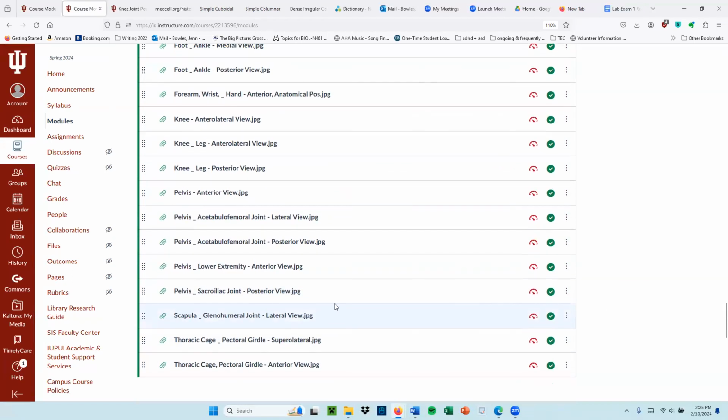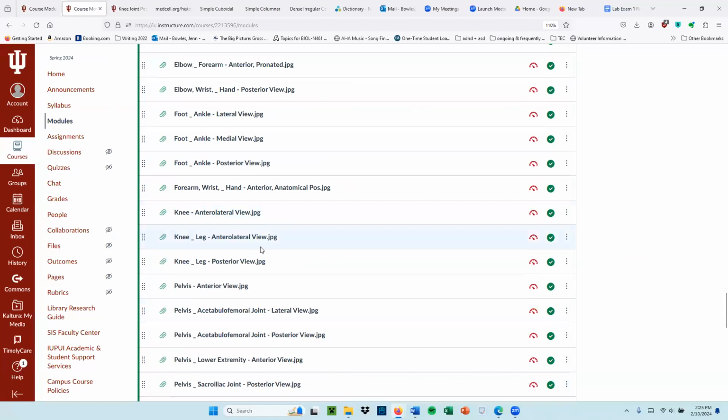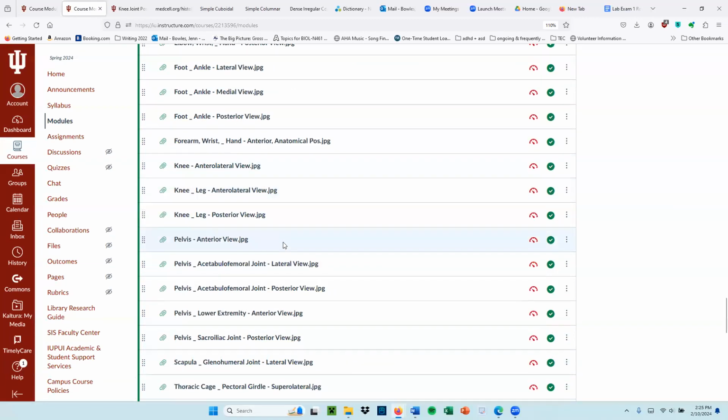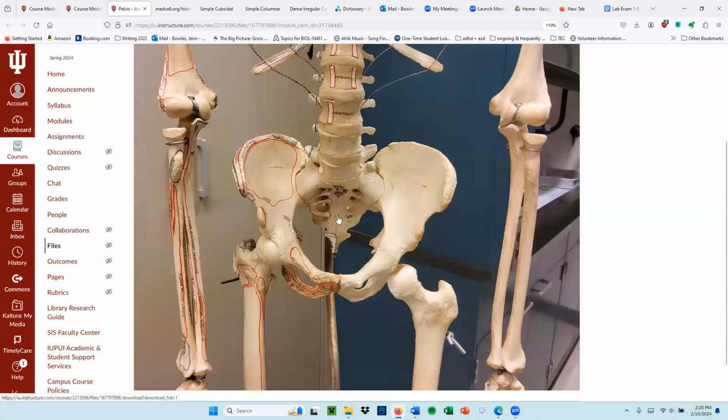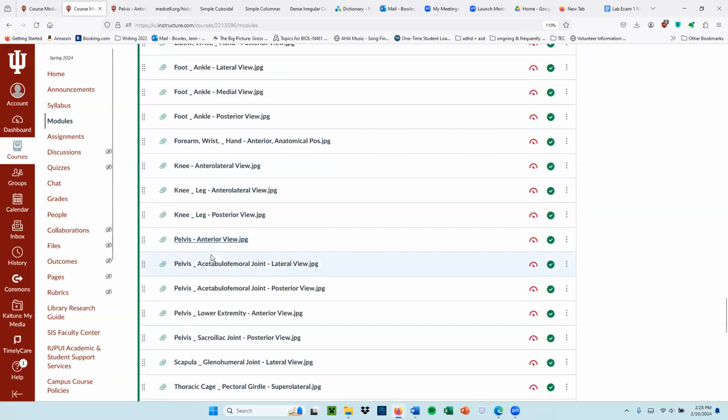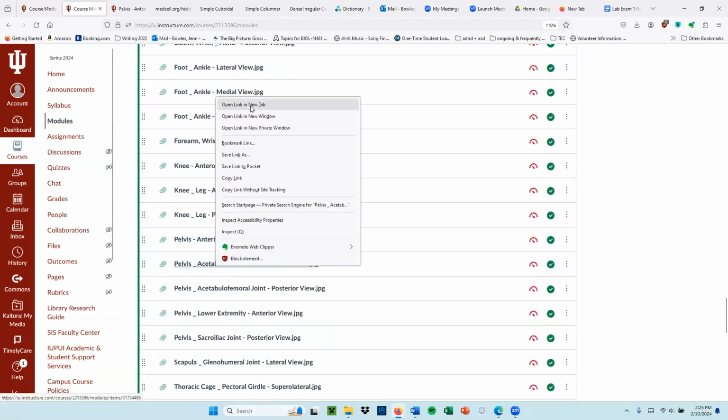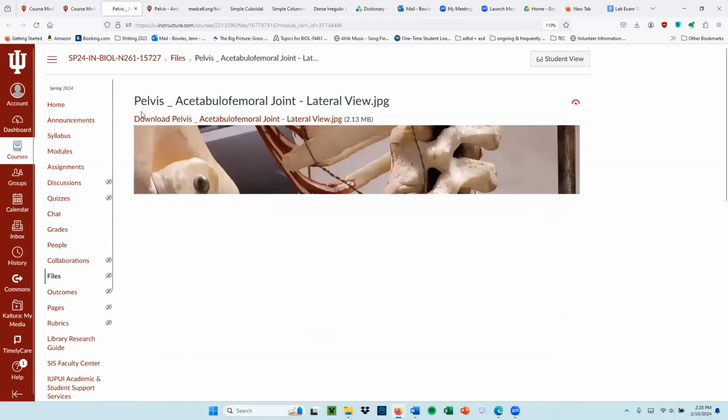Gotcha. Thank you. All right, last thing I want to look at for skeletal stuff, before we get to the skull, that is, it's going to be our pelvis. Okay, there's one view, and then we also need this view.